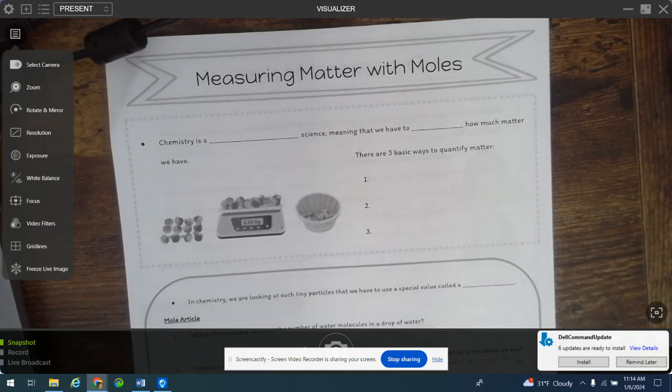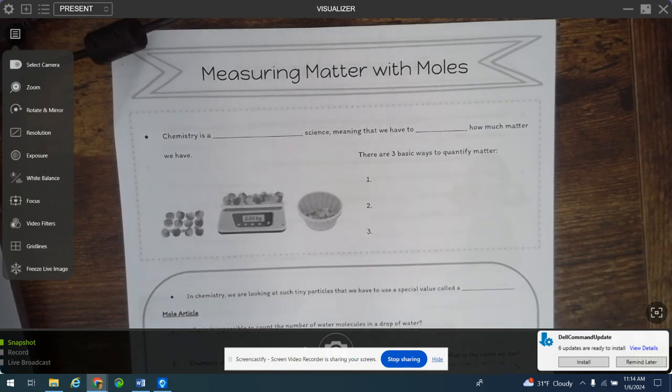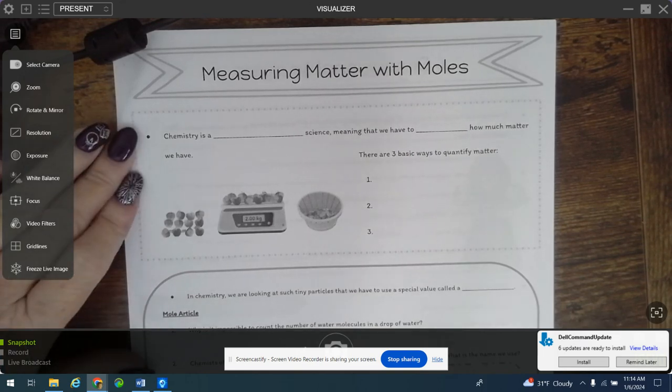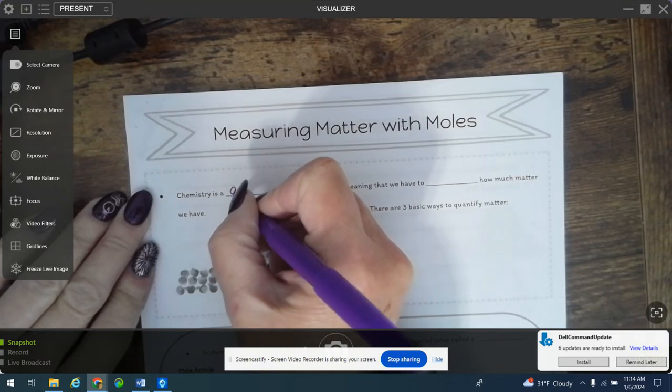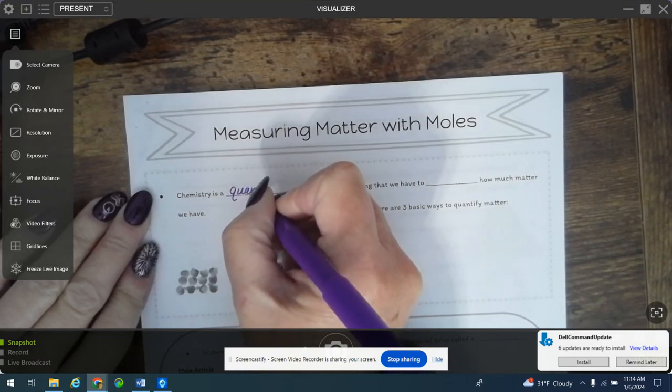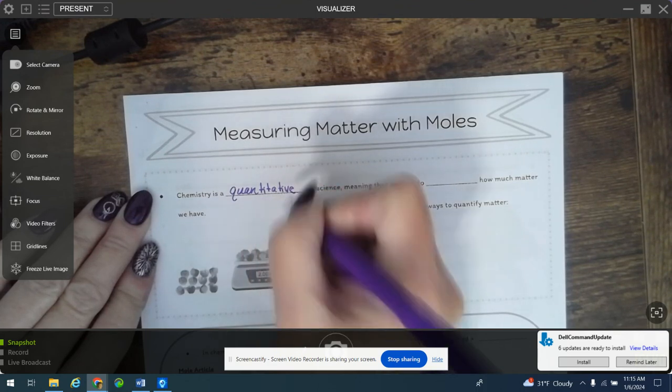Is just a single page, and we're introducing this concept of the mole. Okay, and when you think of a mole, you probably think of something on a person's face, or you think of a little fuzzy blind animal. In chemistry, the mole is a way to measure. Okay, so chemistry is a quantitative science.